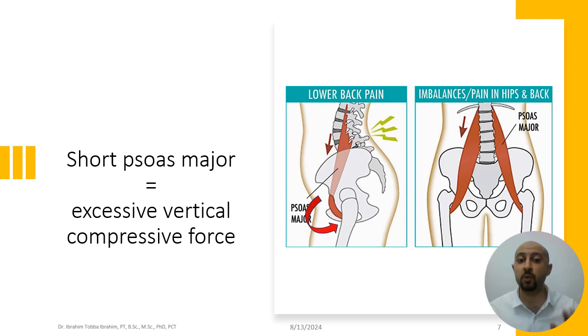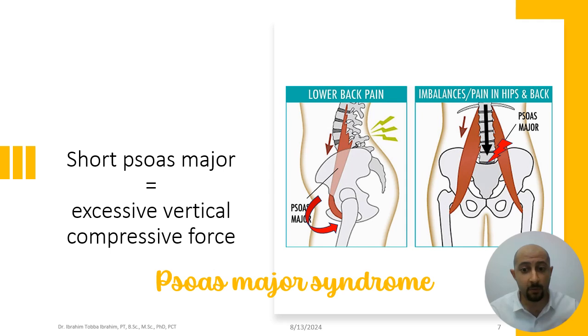As the patient extends the hip, reversing the action of the psoas major and stretching it backward, more compressive forces are generated on the spine. Compressive forces will be absorbed by the discs, causing disc pain. So this patient will have more pain in standing and in walking. Now, this condition is known as psoas major syndrome. So disc prolapse, a common diagnosis, is now described as an effect of another condition, psoas major syndrome.